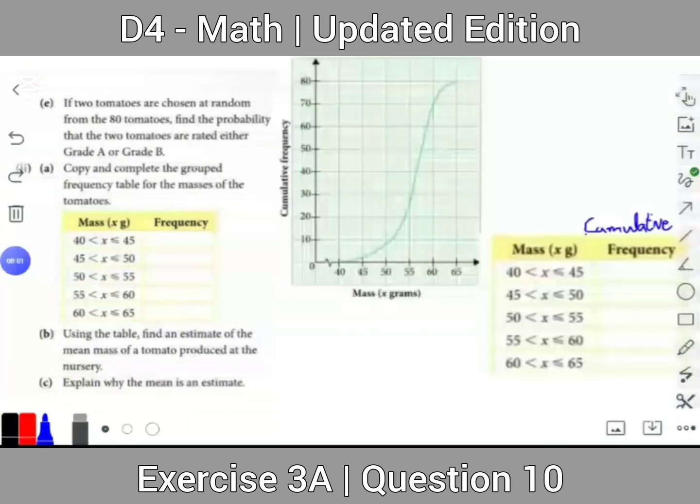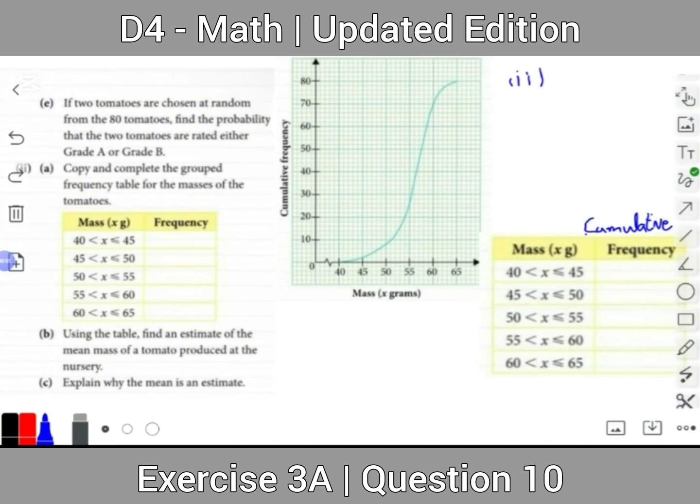Now in part 2A, copy and complete the grouped frequency table for the masses of the tomatoes. First, we have to find the cumulative frequency table from the given cumulative frequency curve. So for 45 grams, we have the cumulative frequency of 2.